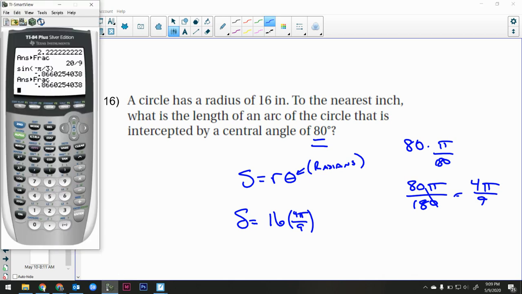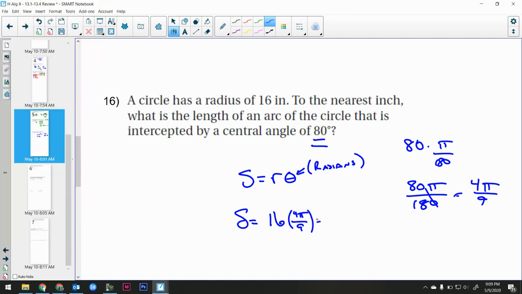So I go to my calculator here. 16 times 4 pi over 9. I don't need to put it in parentheses here because I'm doing all multiplication right there. 22.3 inches. Oh, to the nearest inch. 22 inches. There you go. Right.